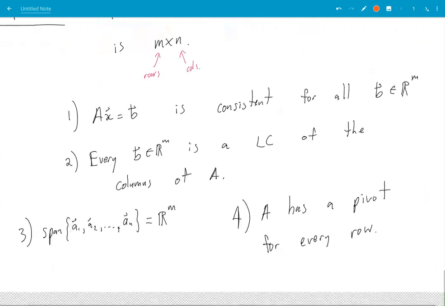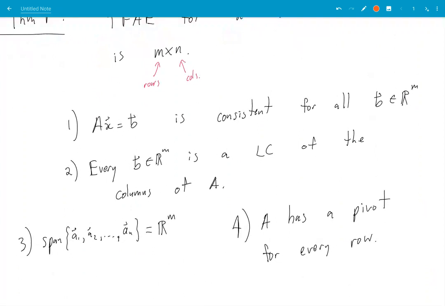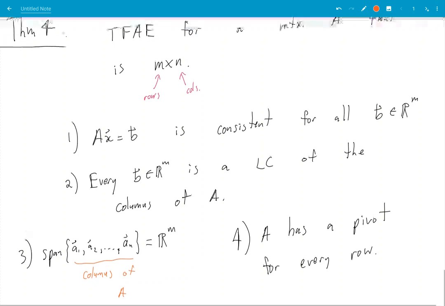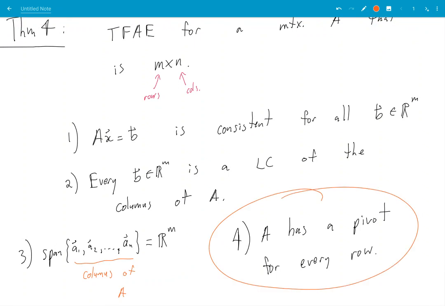What else do I want to say? Oh, I want to underline that these are the columns of A. And I want to just talk about number 4 one more time.